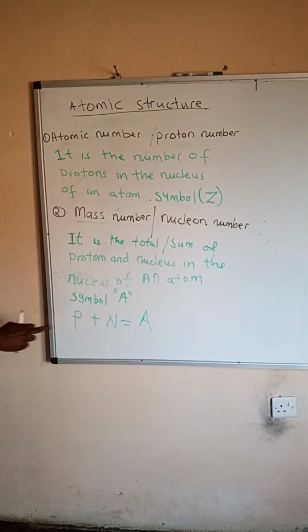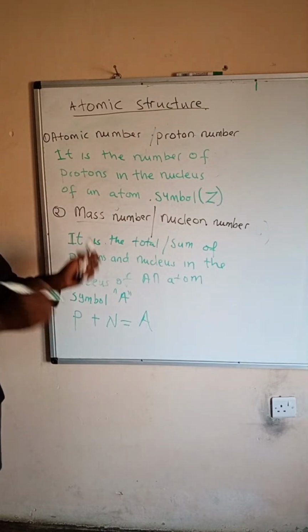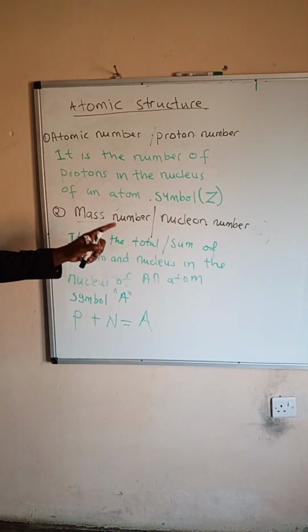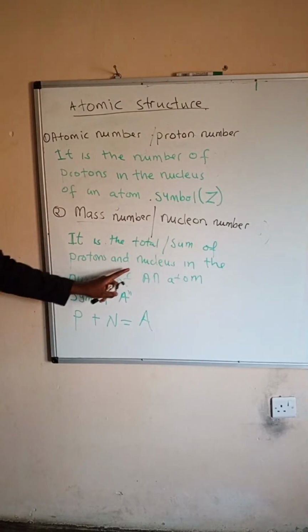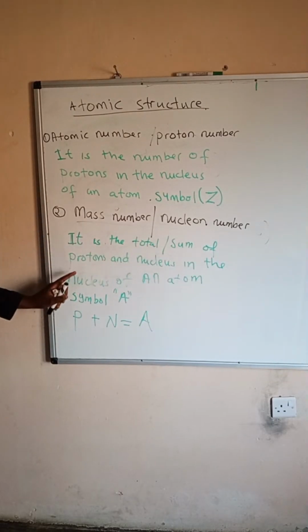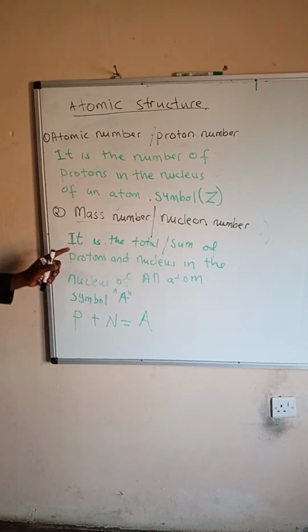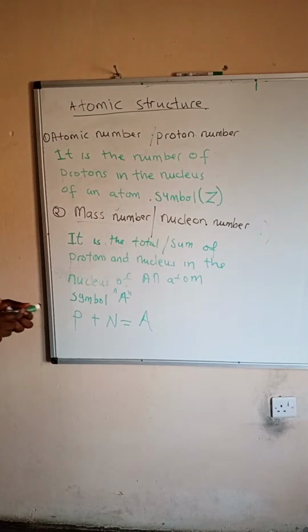So mass number is the total number of protons and neutrons in the nucleus of an atom, or the sum of the protons and the neutrons. Okay? I think you have understood this part.